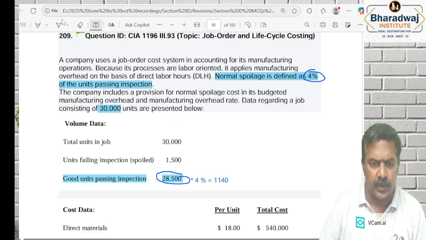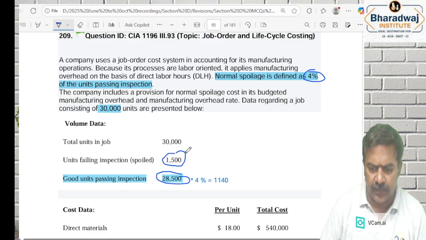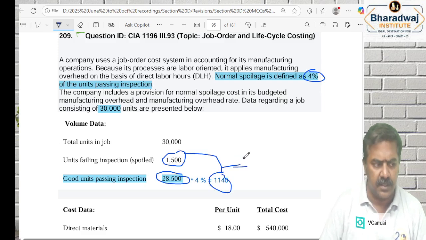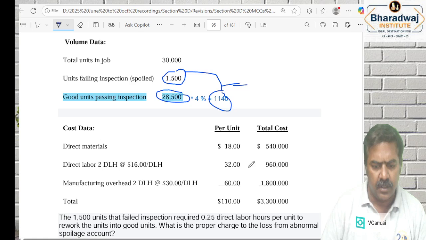But what is the actual spoilage given? 1,500. So the difference we call abnormal. Abnormal spoilage is 360.